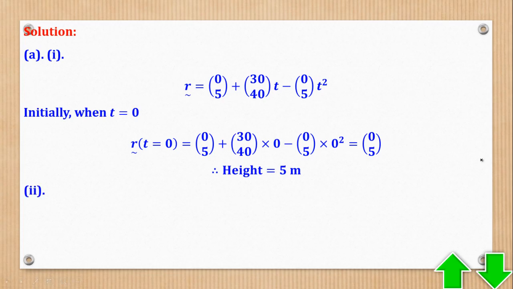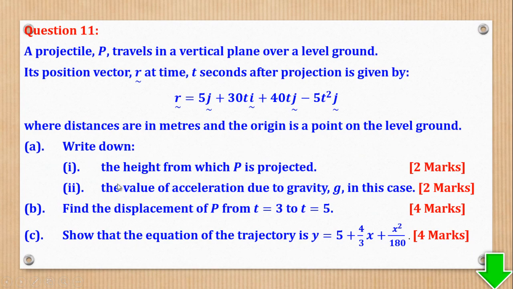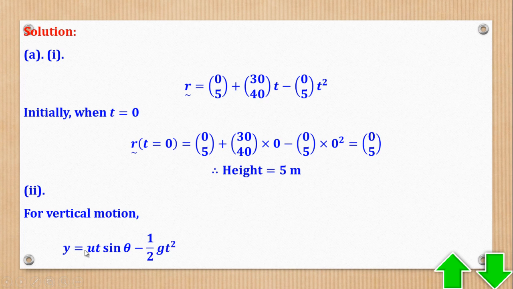That was Roman 1. Then Roman 2, they said: write down the value of acceleration due to gravity in this case. So for vertical motion, we know that y is equal to ut sine theta minus a half gt squared over projectile. So by comparison, it means that the coefficient of t squared here is a half g.